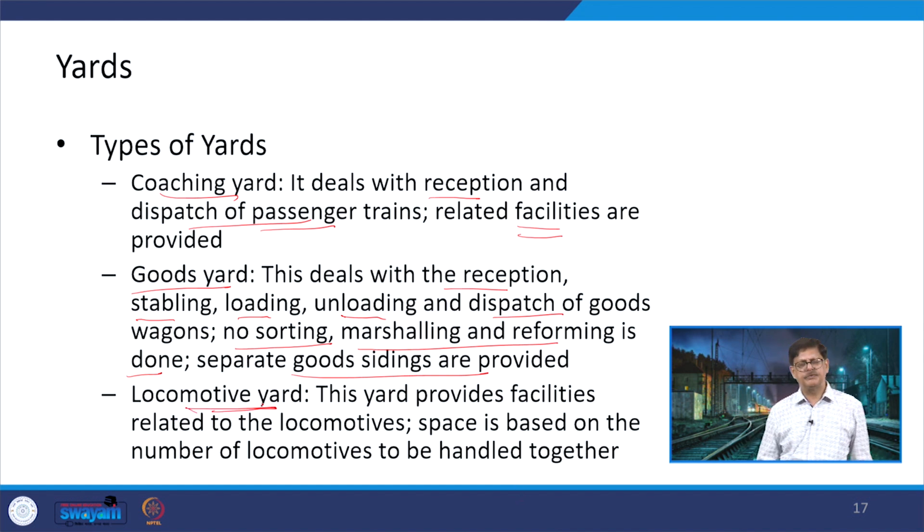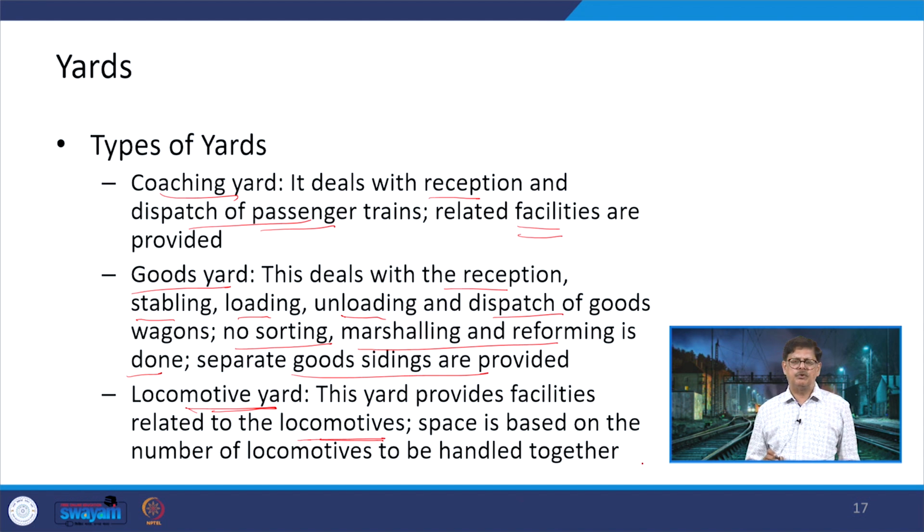Locomotive yard, from the name itself, this is more specifically dedicated to the locomotives. That means whatever locomotives are in use for taking the trains, or are now available because they are not taking a train now, in those cases they will come to this particular yard and need to be examined and checked with respect to their usability further.